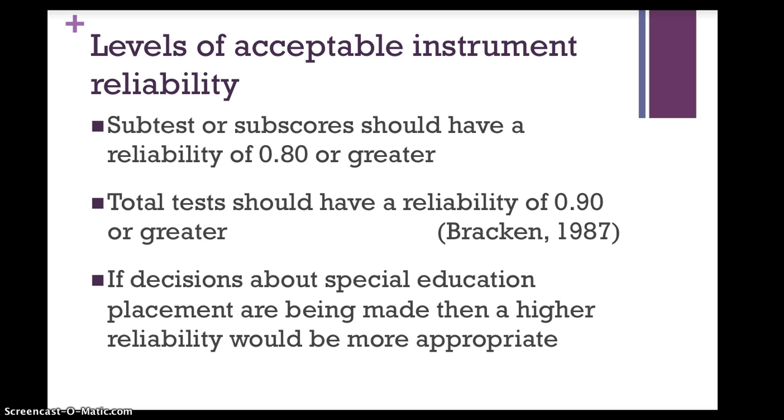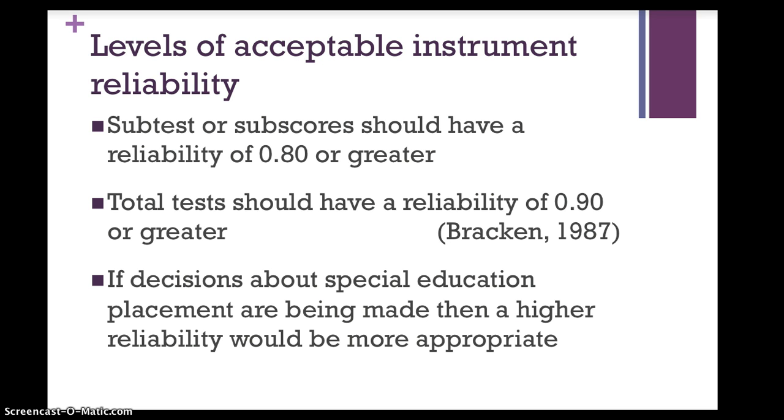So what's acceptable? There have been typical statistics formulated to suggest acceptable levels of reliability. For the subtests, or the smaller scores that compose the larger, more meaningful score, it's usually 0.8. For a total score on an instrument, 0.9.